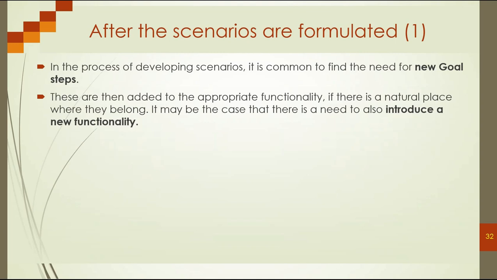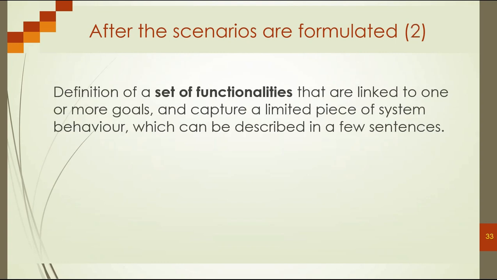So after the scenario, we have to formulate, or we can see how to develop, your function and non-function requirements. You know what the function means? The function is, we can say, the main task of your system. While the non-function is something you can achieve related to the performance of the system.